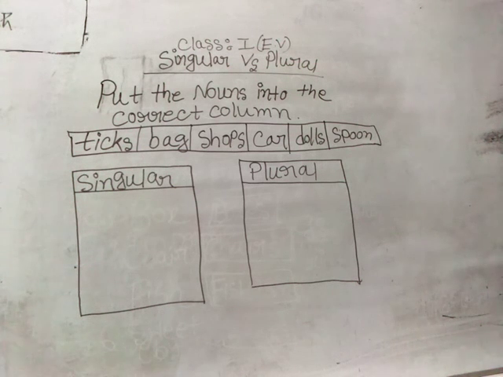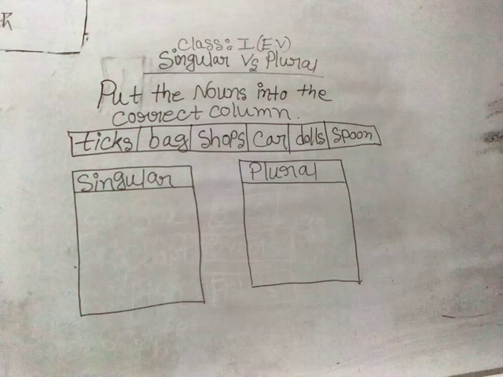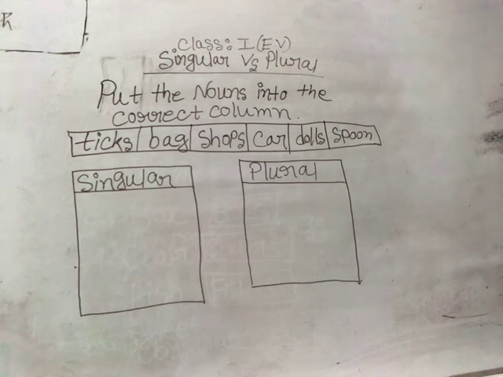Didn't we do such kind of activities earlier? Yes, we did. So, Miss told you that questions can be made in different angles or in different patterns from the same topic. So that's why here is another question pattern for you.